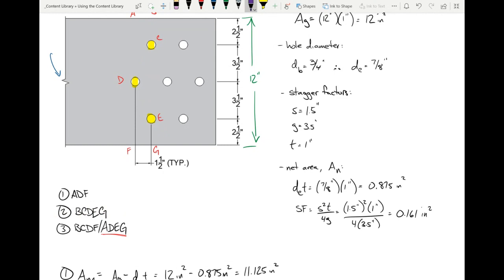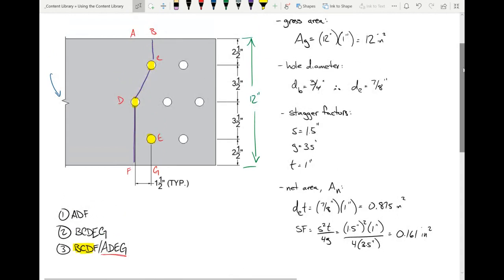Now let's draw. So for path number 3, I drew them together, right? I said B, C, D, F, and A, D, E, G. Let's draw the first one. Okay, so B, C, D, F is B, C, D, F. How many bolts am I going through? How many bolt holes?